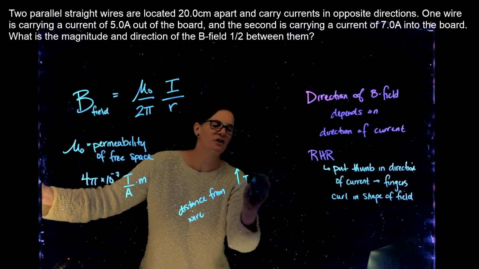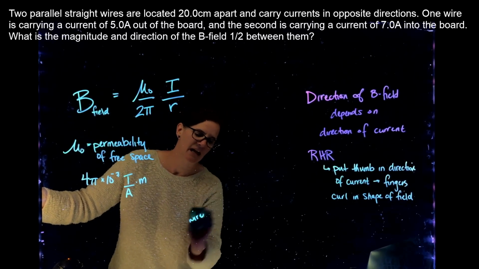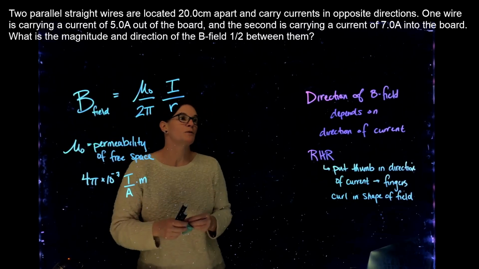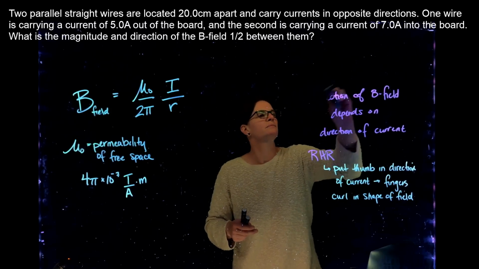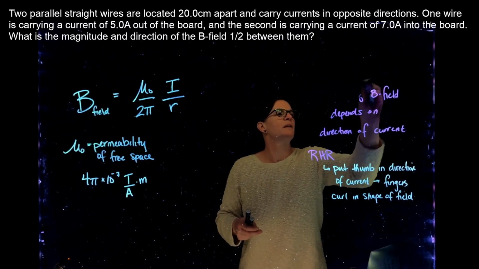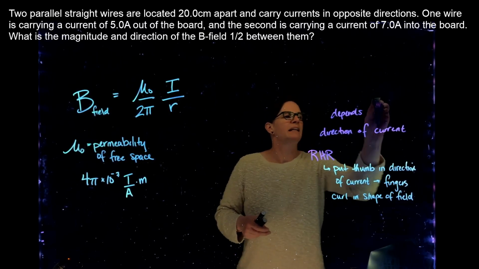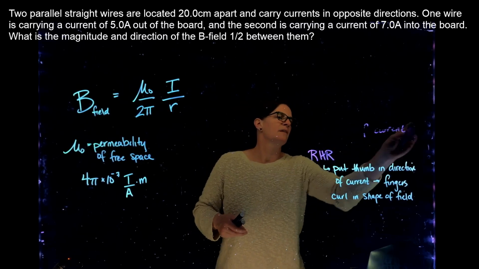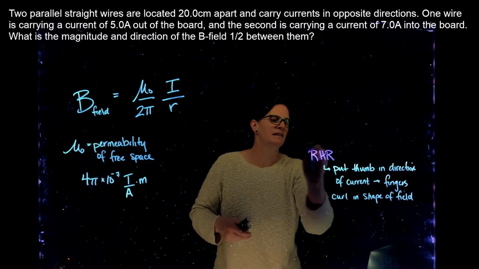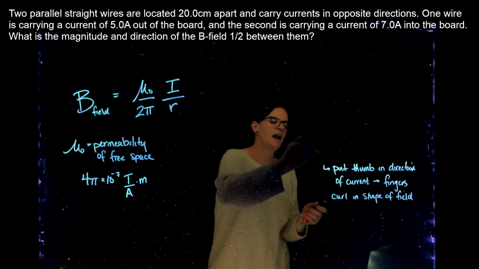One is carrying a current of 5 amps. One is carrying a current of 7 amps. Those currents are in opposite directions to one another. And the question is, what is the strength and direction of the magnetic field in between them? All right. So we're going to identify what we have in our problem.